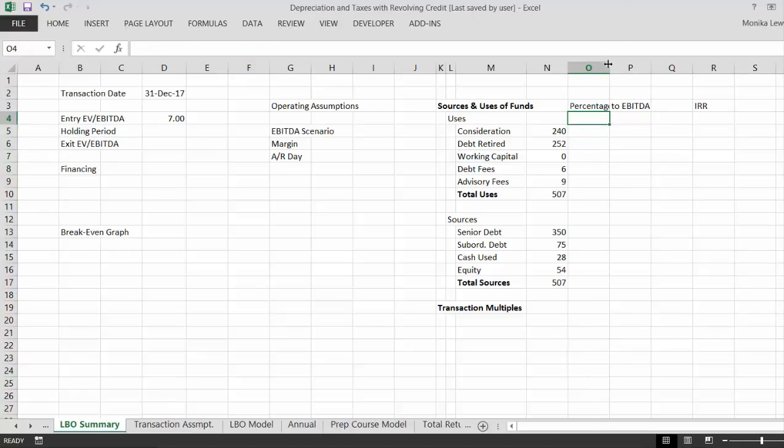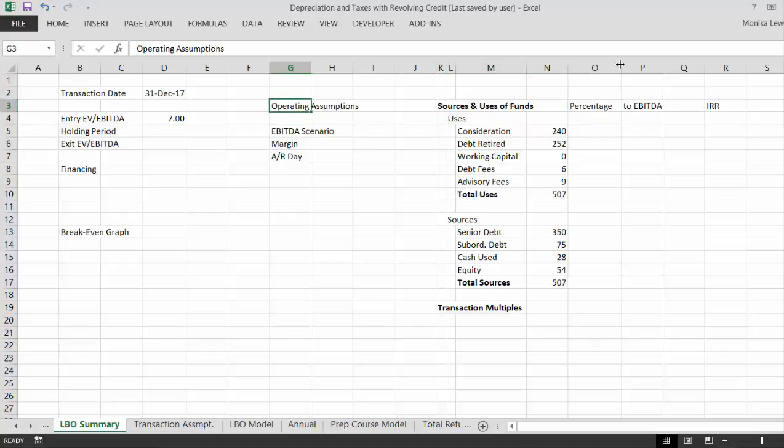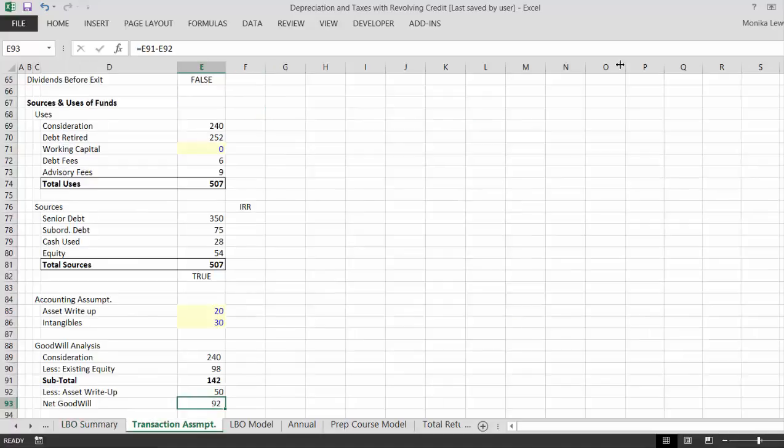If the percentage of equity is really small, you can say they don't have any skin in the game and get into all these kind of things. Okay, so that's our transaction assumptions.